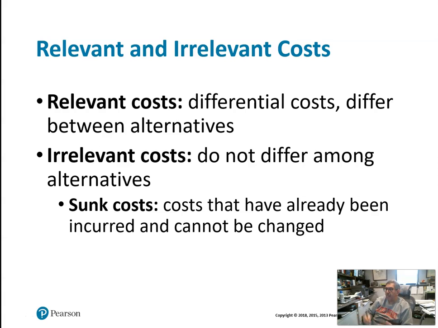Well, when they're making that choice, they're going to look at an analysis of the different costs involved in those different choices, right? When they do those analyses, the only thing that they want to look at are those costs that are going to be different under each of the different scenarios, right?